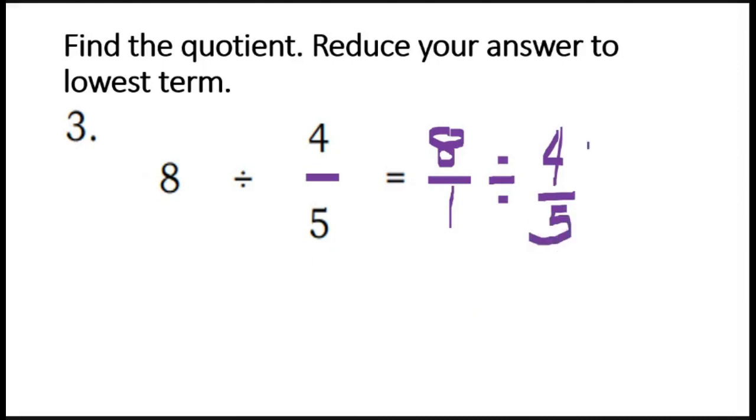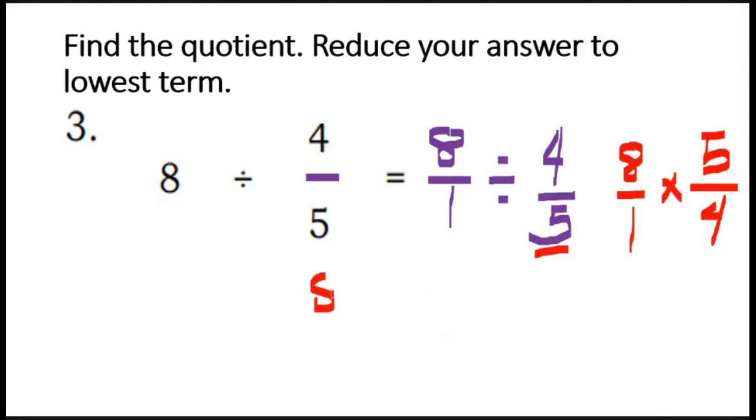First step, you need to get the reciprocal of 4/5. So, what is the reciprocal of 4/5? That is 5 over 4. And then, just copy the dividend, 8 over 1. So, reciprocal, then proceed to multiplication.